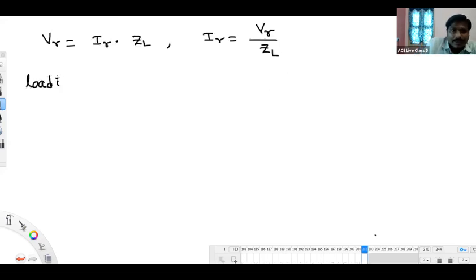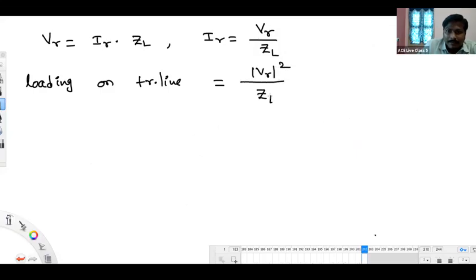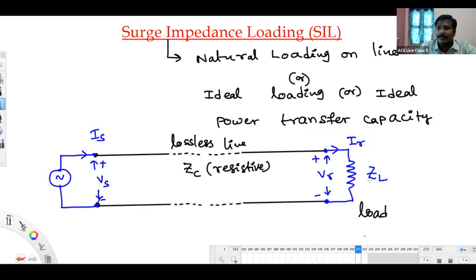Loading on the transmission line is nothing but the receiving end voltage magnitude square by load impedance. This we are going to name as loading on the transmission line: VR square by ZL.